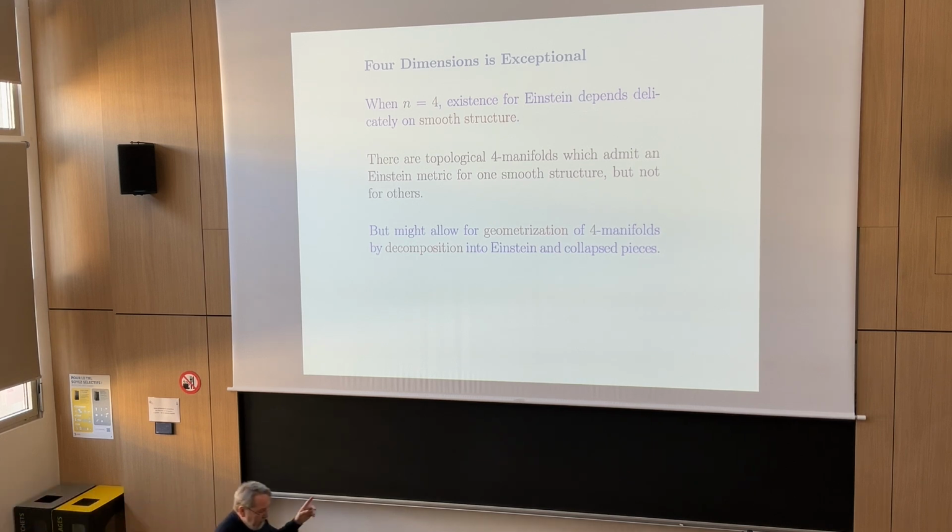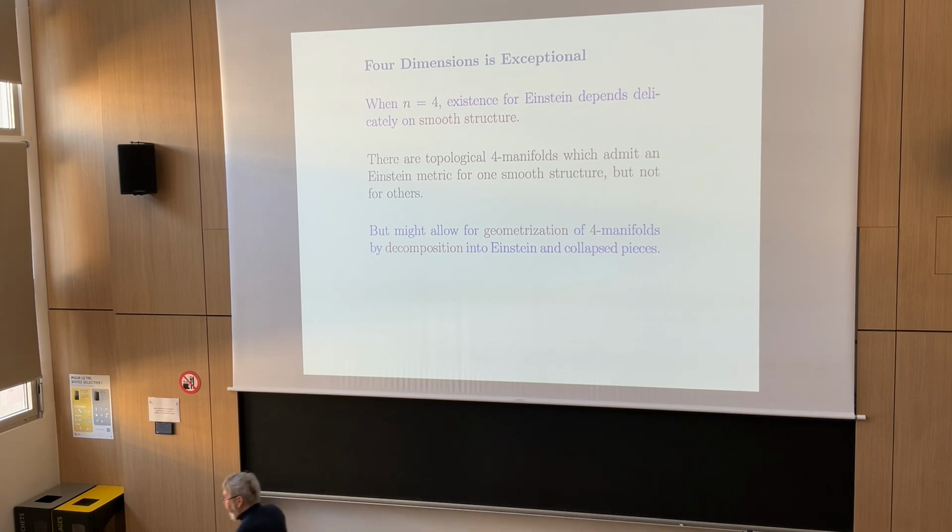So keep that idea in mind and be ready to pester me with questions about it if you find it interesting. But this is pie in the sky. It's not something where we know how to do this. But if you were to naively try to do Ricci flow in dimension 4, one reason for doing that is the hope that maybe you could break up four-manifolds into some geometric pieces.